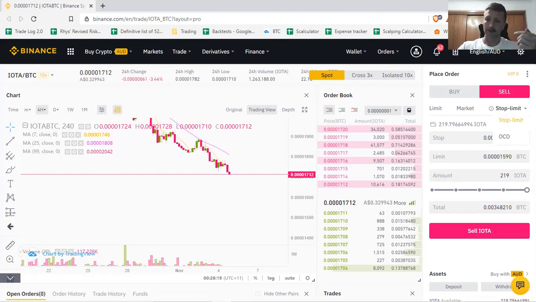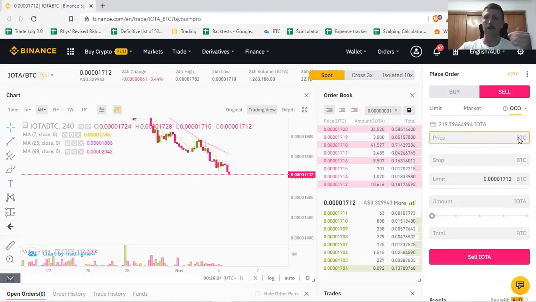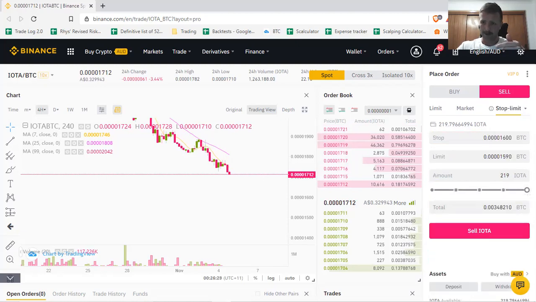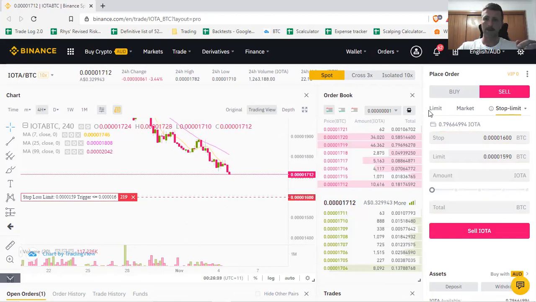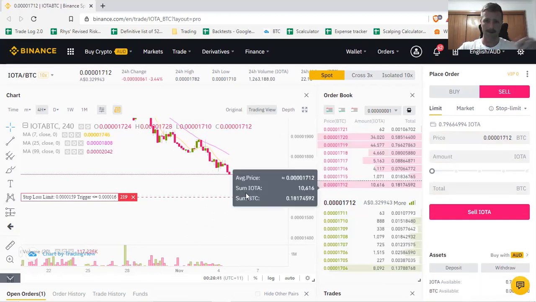So the other thing that I was going to show you was the OCO order. OCO stands for one cancels other. You'll notice that, let's just say I did put this on, I just want to make sure it's nowhere near price. We're all good, so I don't actually sell my IOTA. If I've got my stop in here, you'll notice that Binance won't let me set a limit.